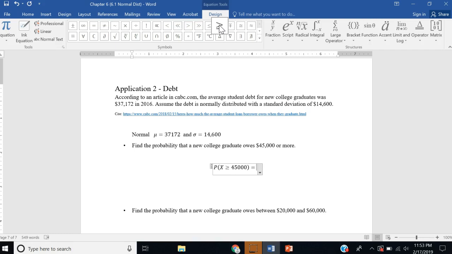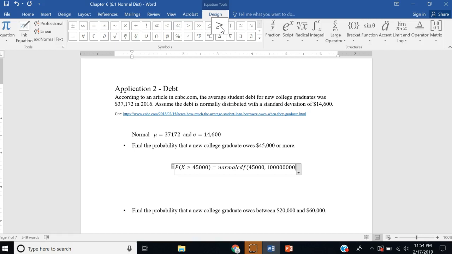Well, we're finding probability. So probability is normal CDF as long as we're on a normal curve. 45,000 is my minimum number. My upper value is a really big number. So any really big number would do. Now, when I say a really big number, I mean really, really big compared to 45,000.